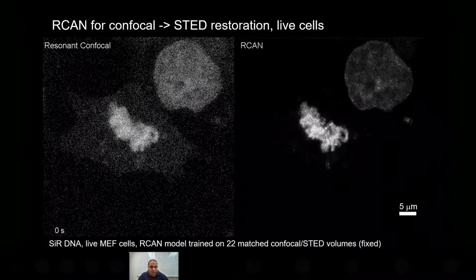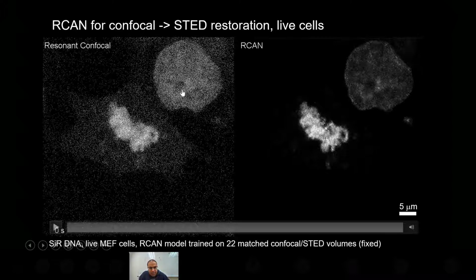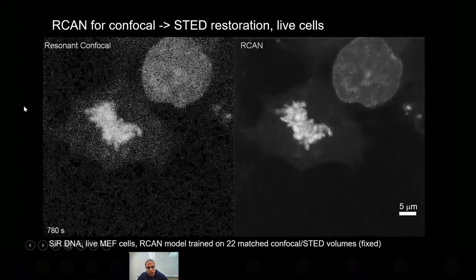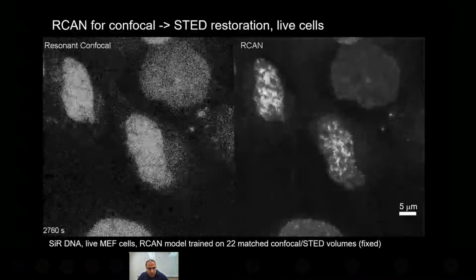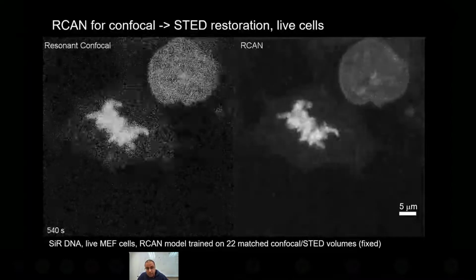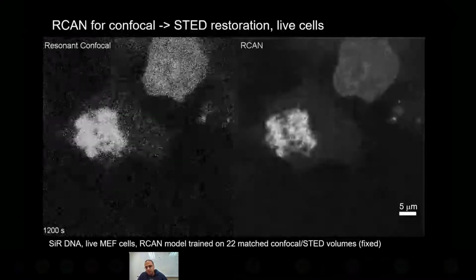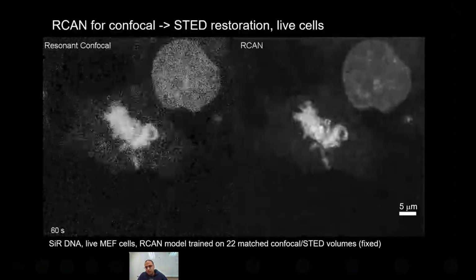But if you turn the laser down to the point where the input data is very noisy in resonant confocal mode, you can actually observe dividing cells without too much difficulty in 3 dimensions over time. The data are quite noisy. Using the Arcad that we trained on fixed cells, we could get higher resolution and denoised data.